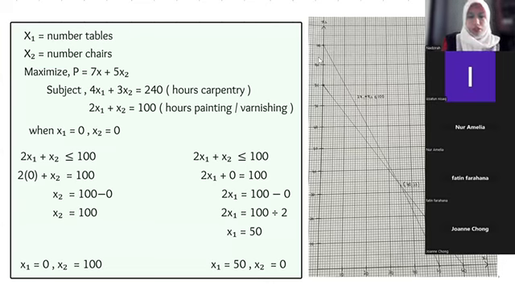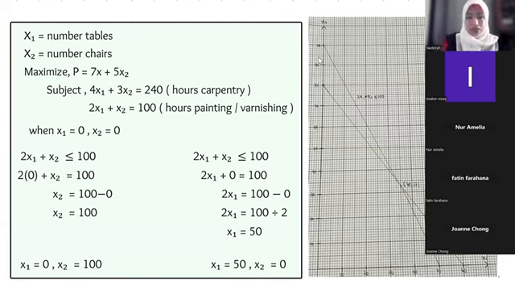So when x1 is equal to 0, we replace the x1 with 0 plus x2, so we get the answer x2 is equal to 100. And the final, we get the answer is x1 equal to 0 and x2 equal to 100.